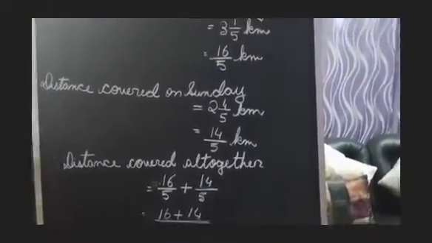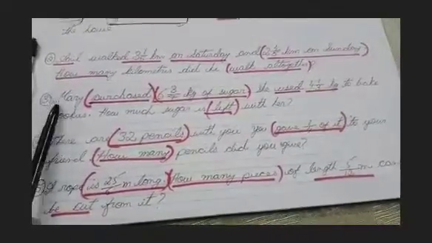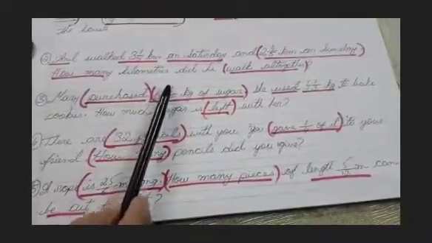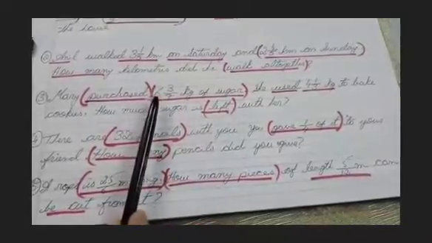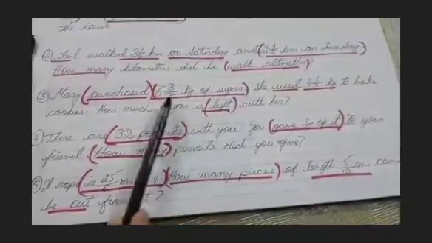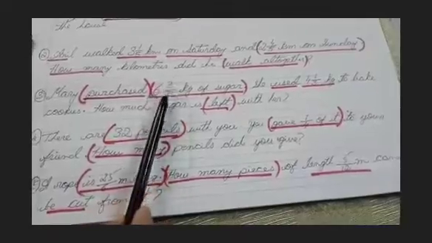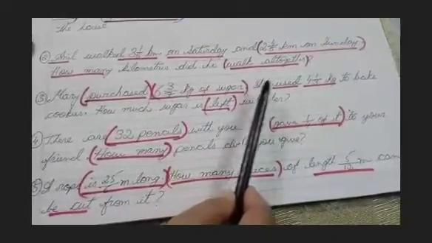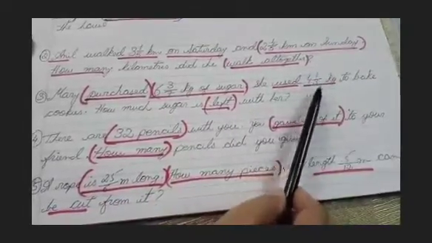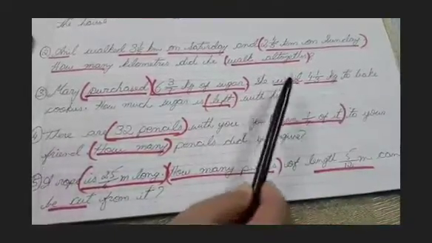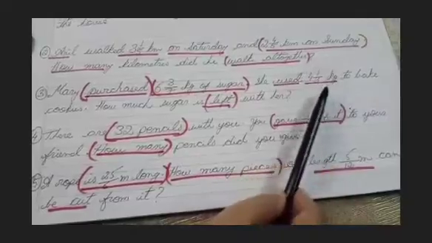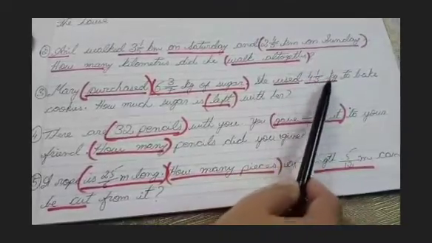Now question number 3. Students, sum number 3. Mary purchased 6 3/7 kg of sugar. So this is the total quantity of sugar she purchased, 6 3/7 kg. She used 4 1/3 kg to bake cookies. So how much quantity of sugar did she use? 4 1/3 kg.